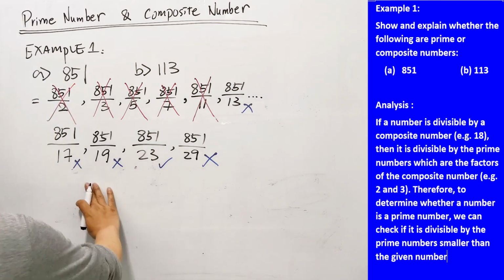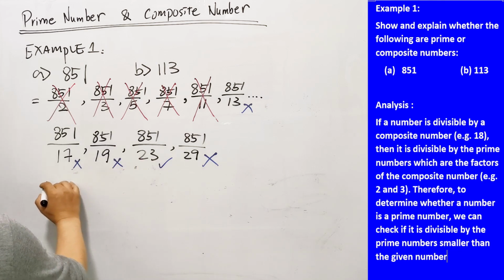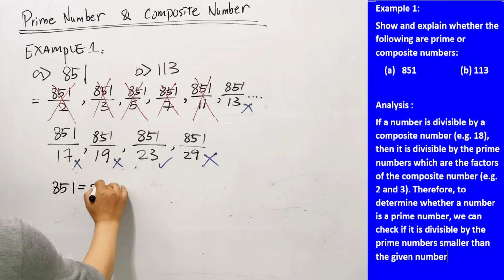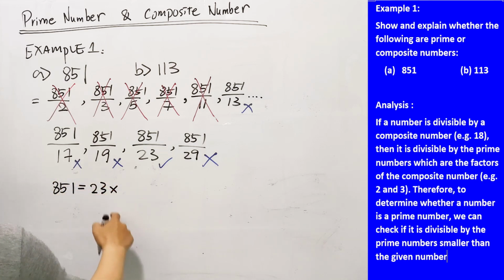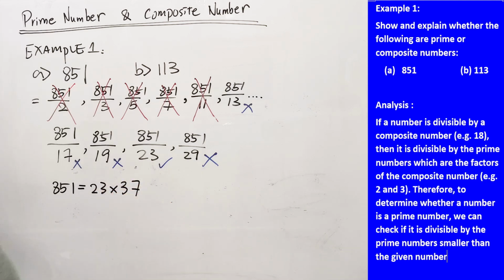So from here we can see that, how much do we get? 851 equals to how much? And the 3 just now is how much we get? We get 37, right? So in this case, 851 is divisible by 23, so we get the whole number 37.